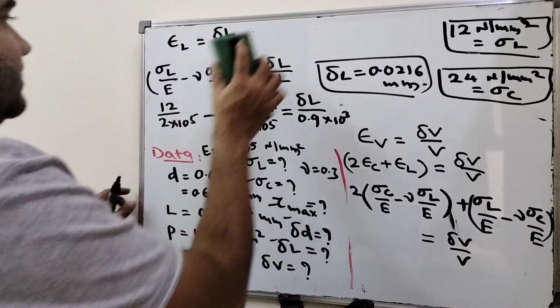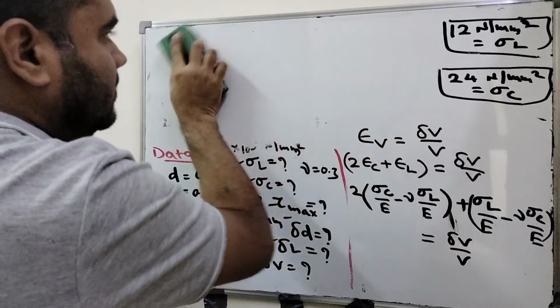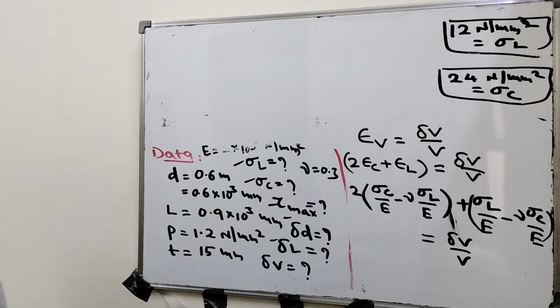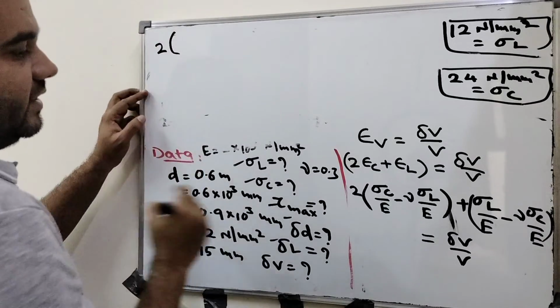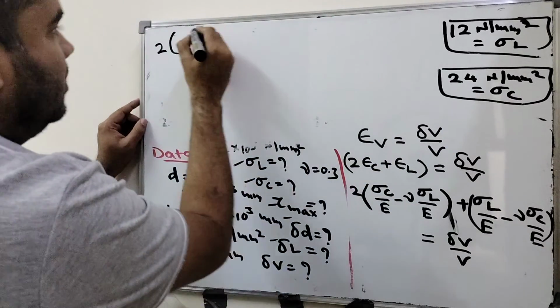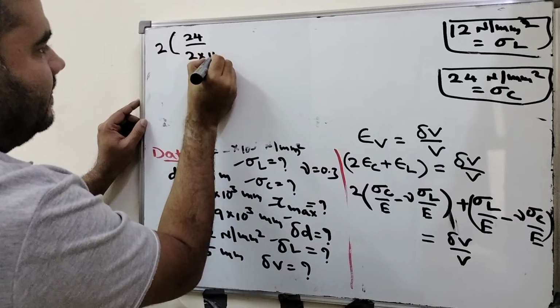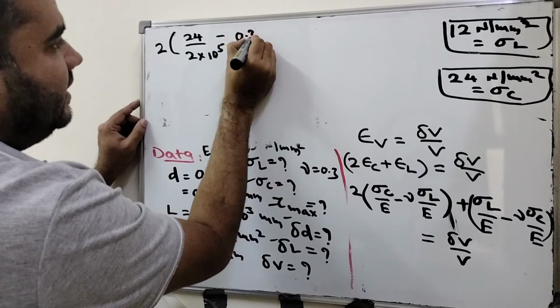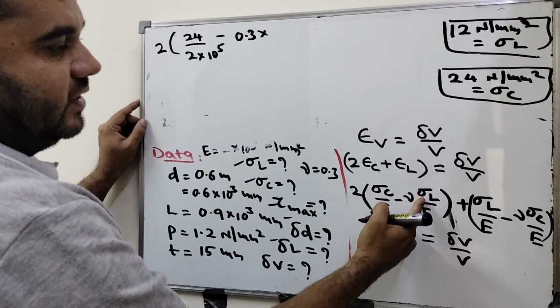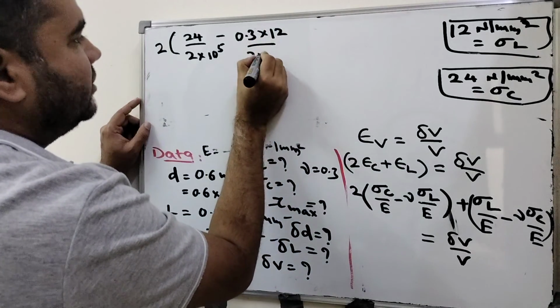I'll substitute here, just check. Now 2 times, on the left side, what is the circumferential stress here? That is 24 divided by E, which is 2 into 10 raised to 5, minus Poisson's ratio 0.3 into longitudinal stress 12 divided by 2 into 10 raised to 5.